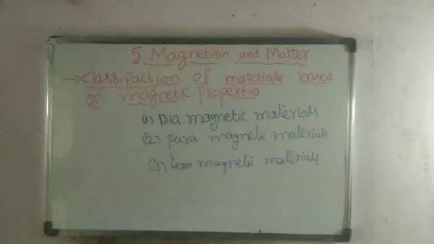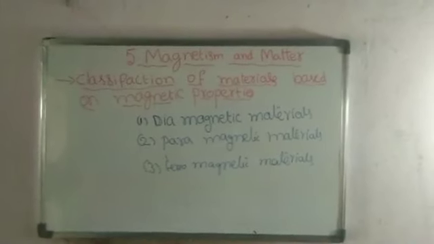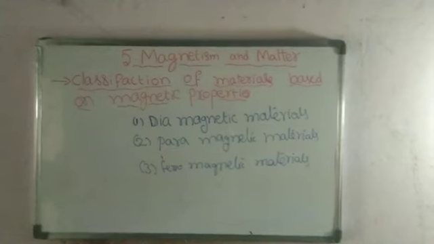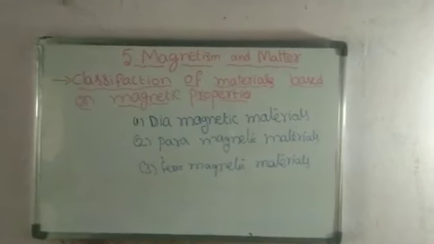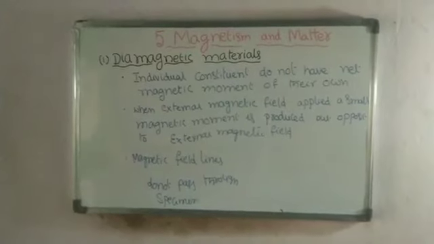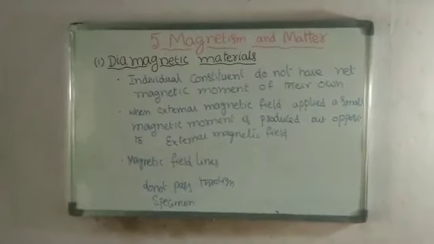Now we are going to discuss one by one, that is dia, para and ferromagnetic materials, and the examples for them. Now see the diamagnetic materials.